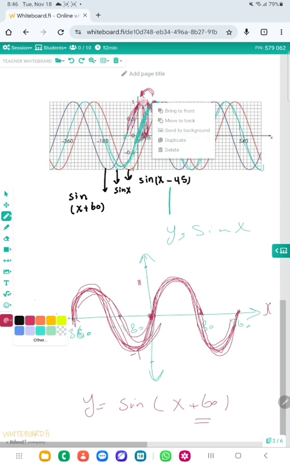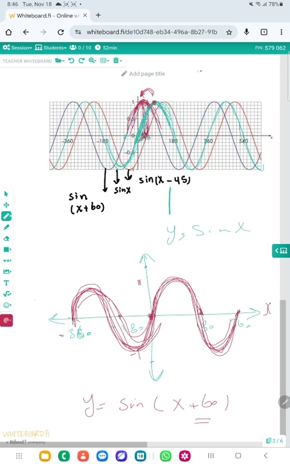Look at this point and look at this point. Now it's easy. The peak that was at 90 and 1 is now 30 and 1. In simple terms, the whole wave starts its cycle 60 degrees earlier than the first one, the original one. It's like music started before you expected it.